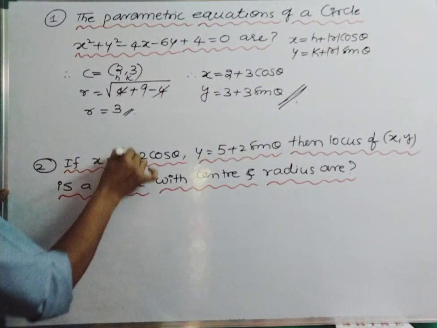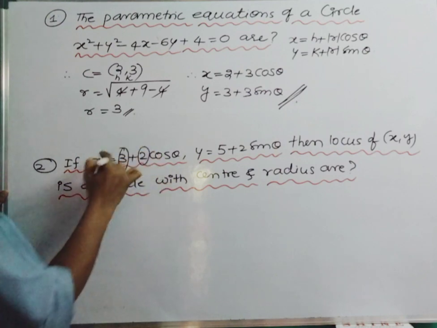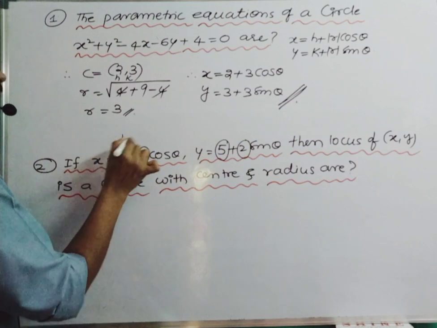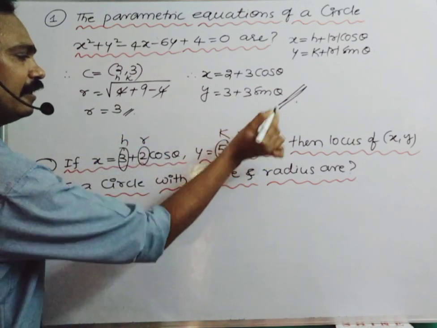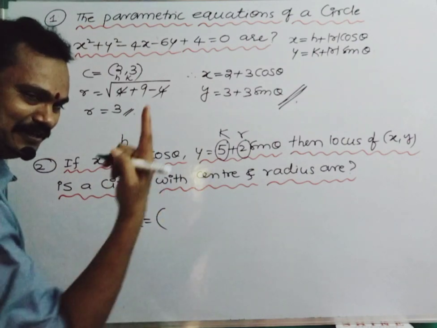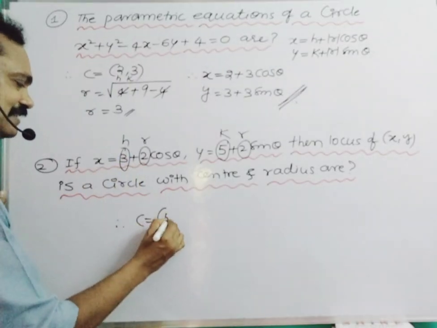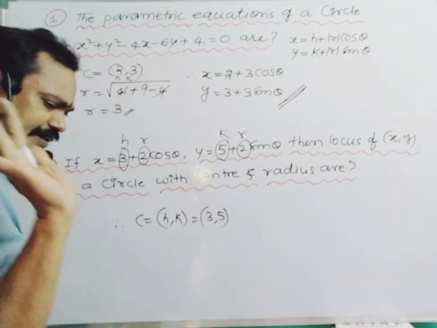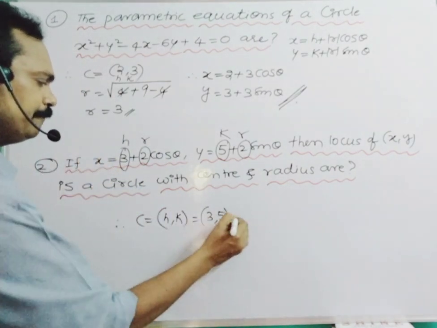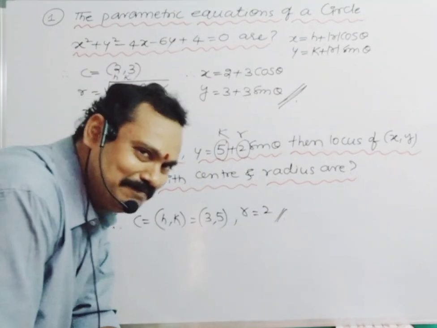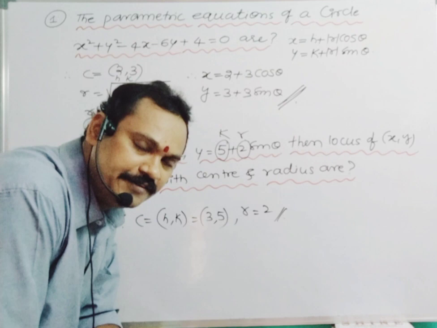This is h plus r cos theta. This is k plus r sin theta. It is h or k, right? So center, no need to find the equation. Center is h comma k. What is that? 3 comma 5. That's all, right? Clear? And radius is 2 units. How simple, sir? Very simple.